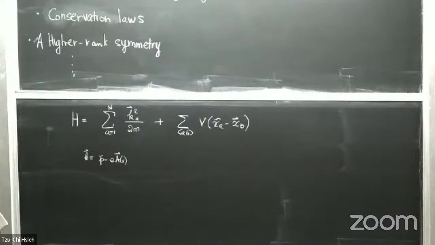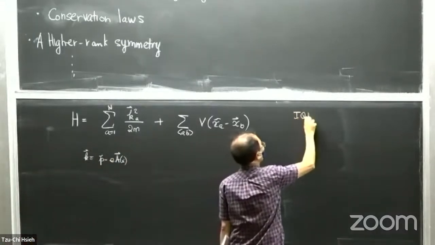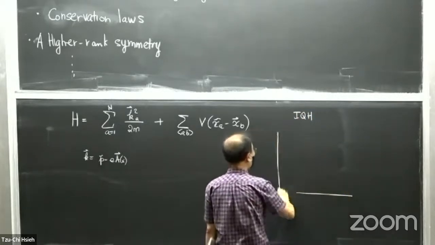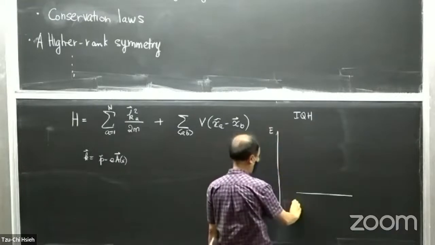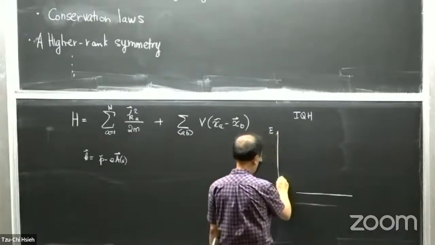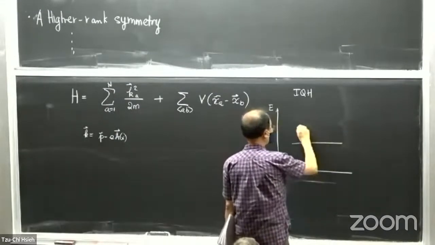Okay, so the integer quantum Hall effect last time is the following picture. We have Landau levels: one particle moving in a magnetic field would have its energy organized in Landau levels.